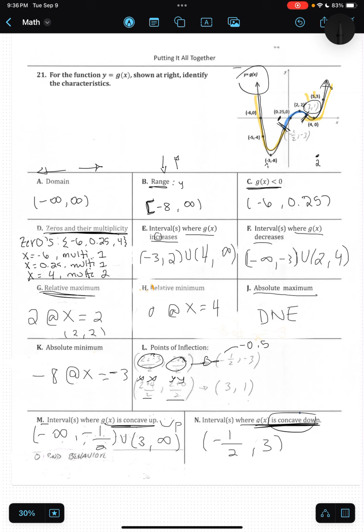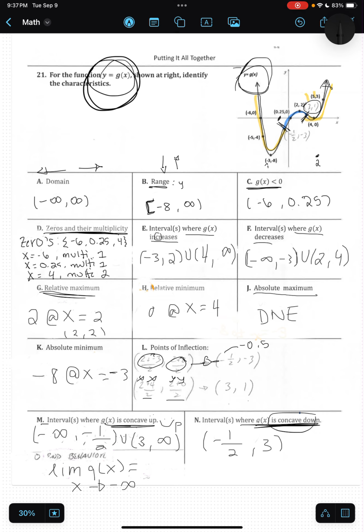Okay? And now as for the end behavior, we know our limit notation is limit. But don't forget, this is not f of x. This is a g of x graph. So g of x is equal to, as x approaches negative infinity, what did we say in the beginning? It's going up in the positive direction.